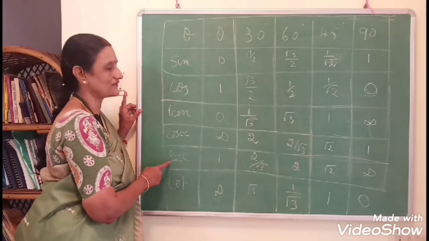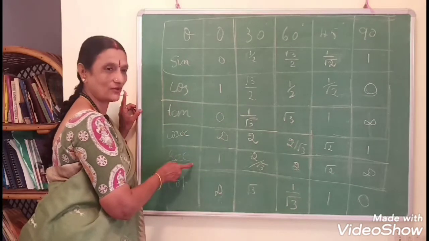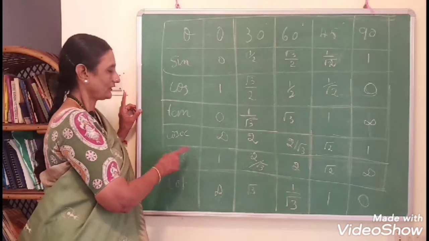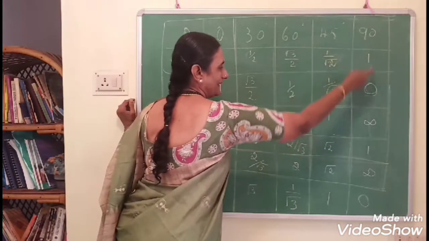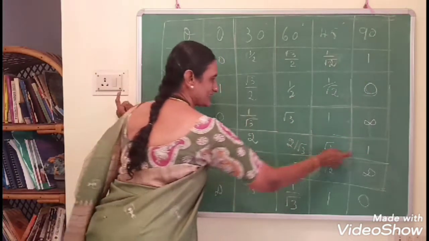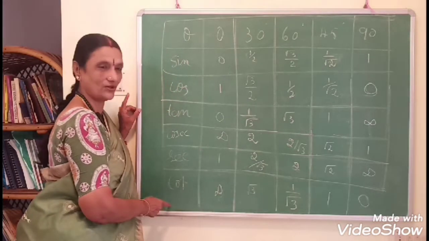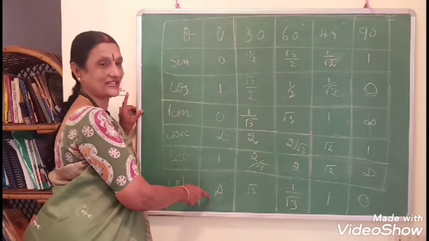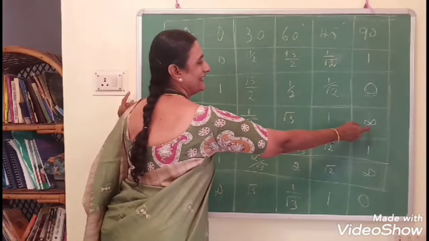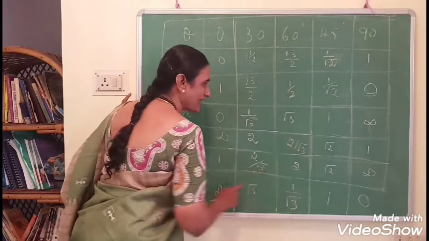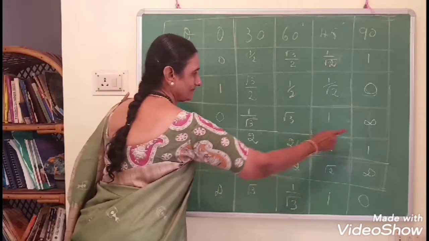Similarly, secant of 0 must be equal to cosecant of its complement, namely 90. So, we have got these two values as 1. Finally, cot of 0 is infinity, which is equal to tan of its complement, namely infinity. So, there is a matching between this and this.